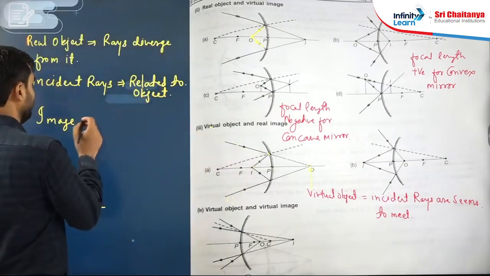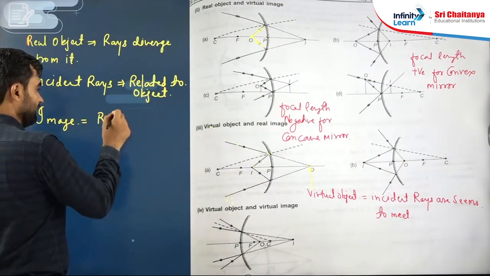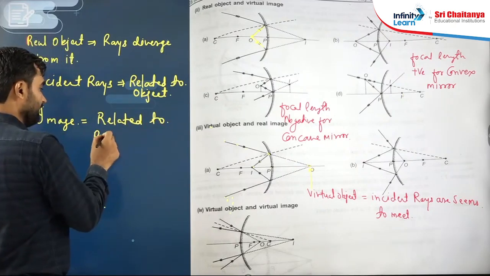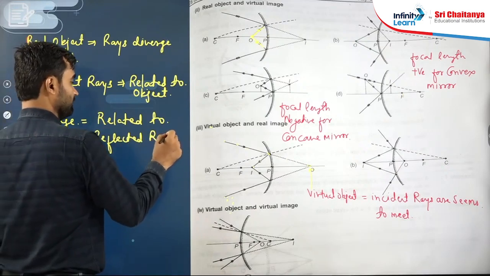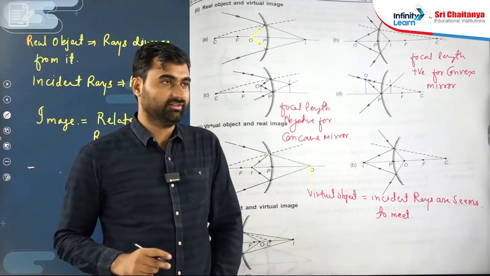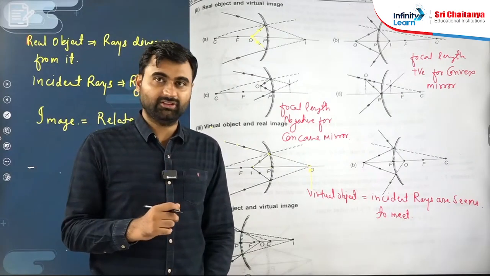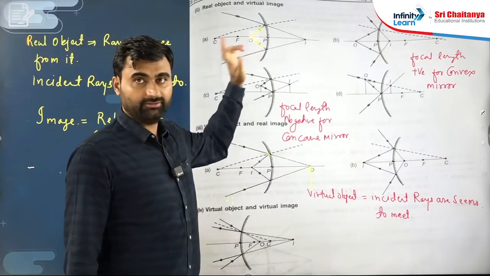So here image is related to reflected rays. Now real image, virtual image. What is the sense of virtual image and real image? To understand, take this example. Here is the object.